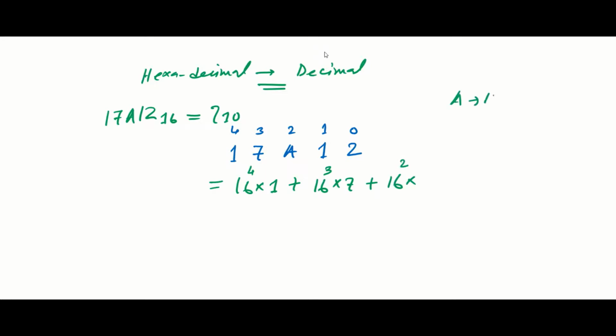A means 10, so multiply with 10. See our earlier videos on number systems, because in the number system A represents 10 in hexadecimal. Then what is left? 16 to the power 1 multiply with 1, and at last 16 to the power 0 multiply with 2. Okay, so we need a calculator over here.